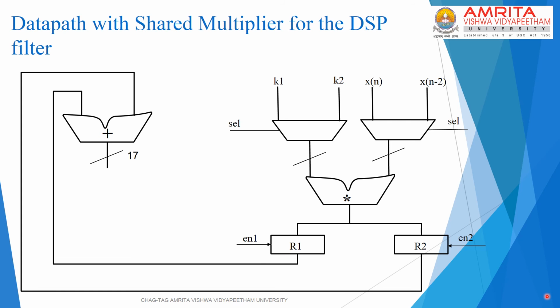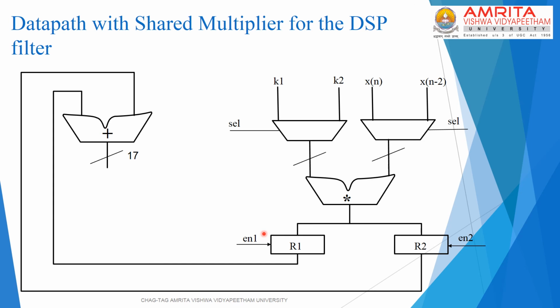And if we list out the logic levels of these signals at each cycle, we will start with the cell becoming 0 because the operands for the first multiplication have to be routed to the multiplier. And the enable for the register R1 has to be asserted because at the end of the cycle, the result of the first multiplication has to be loaded into R1. And of course, the enable 2 is deasserted.